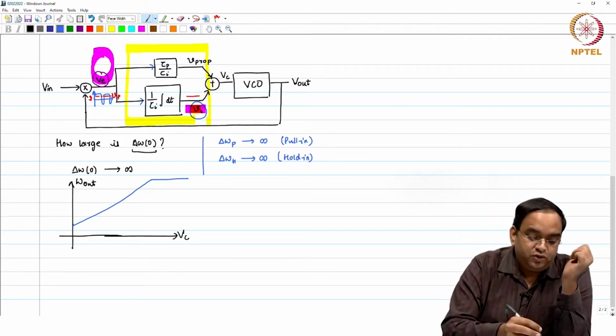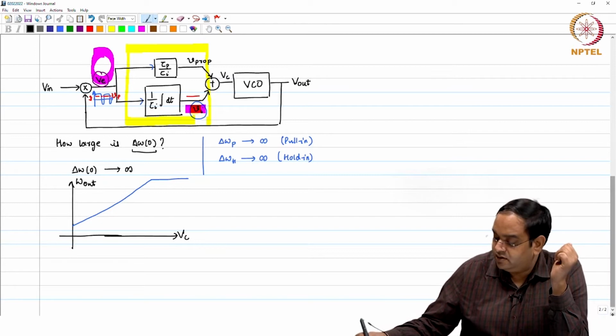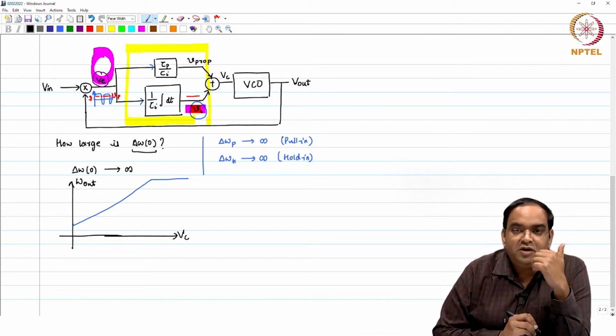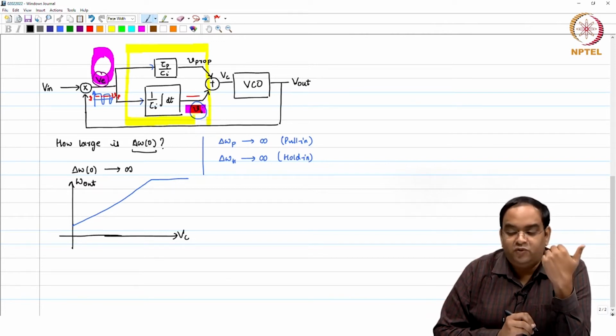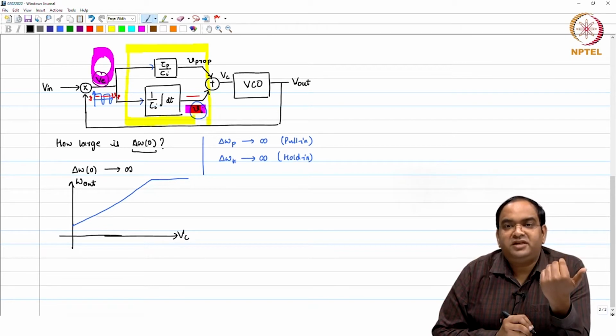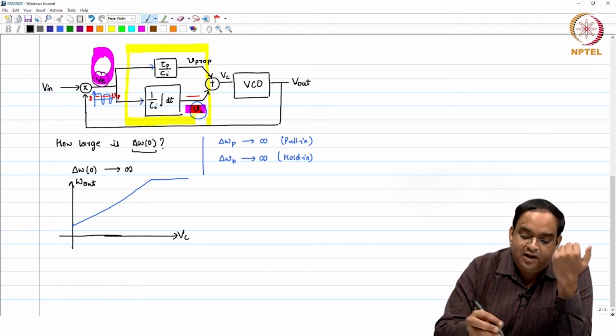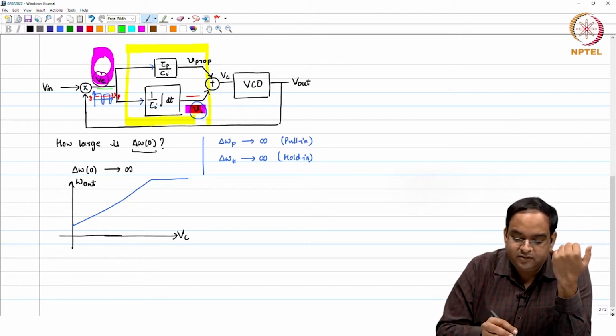So, for lock in range, what you need to do is find out the frequency range to which the PLL locks without the phase error exceeding 2 pi. And we have seen that the PLL can do that only through the proportional path.